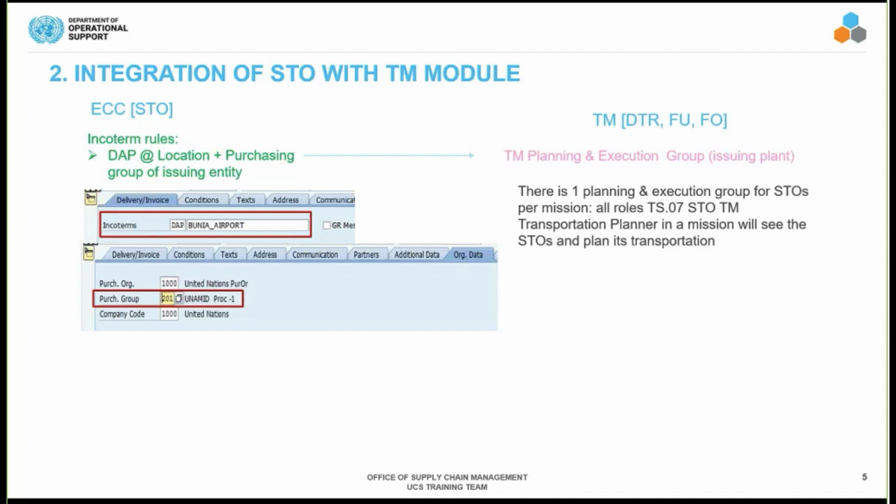So all the roles TS07 mapped to a mission will be able to have visibility on the materials to be transported, and they will be able to arrange the transportation, the means of transportation and the routes. And if this happens, it is because of the combination of the Incoterm rule DAP and the purchasing group of the issuing entity.